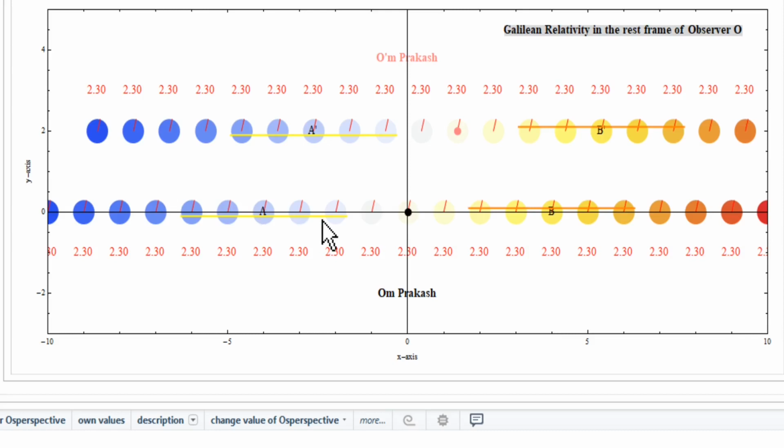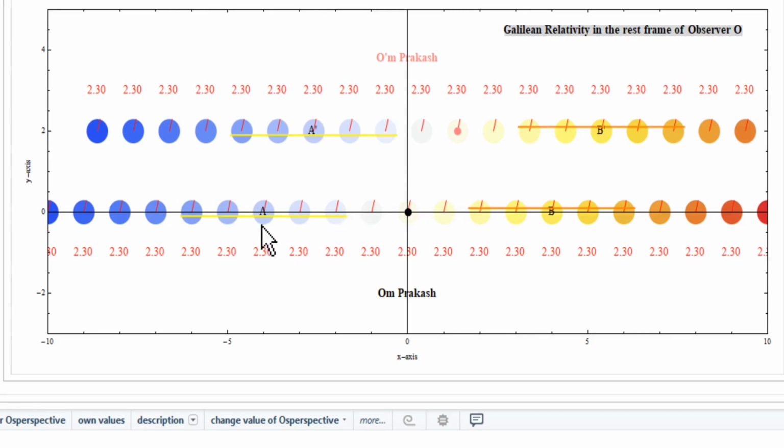In other words, the speed of light does not appear to be the same for all inertial observers, in this particular case, observer Om Prakash and his friends. This result would obviously be in conflict with the experimental test of the Michelson-Morley experiment.